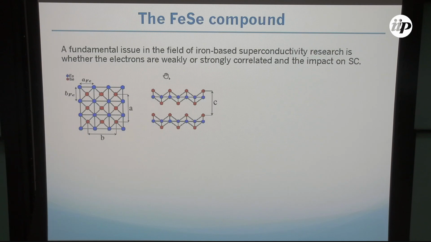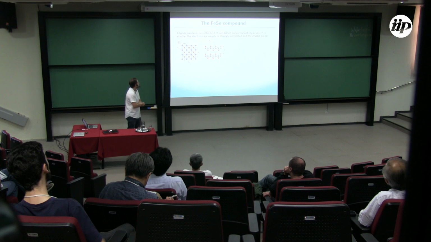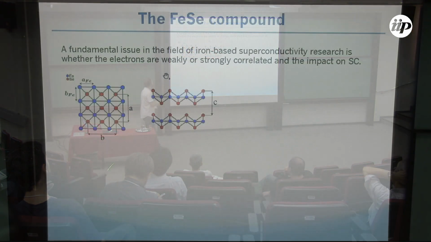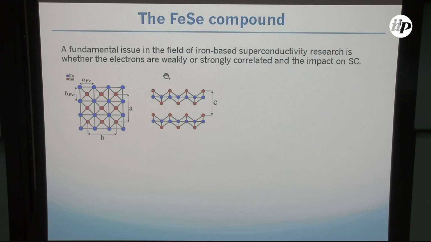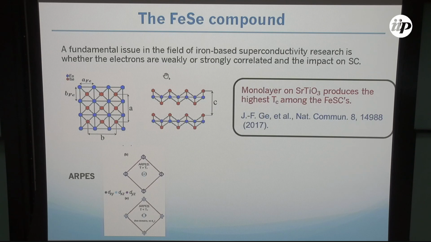The reason is that this material stands out as the iron-based superconductor that has one of the simplest structures among the iron-based superconductors. And actually, a monolayer on strontium titanate produces the highest Tc among the iron-based superconductors. And this, of course, hints at an unconventional mechanism at work in this material.